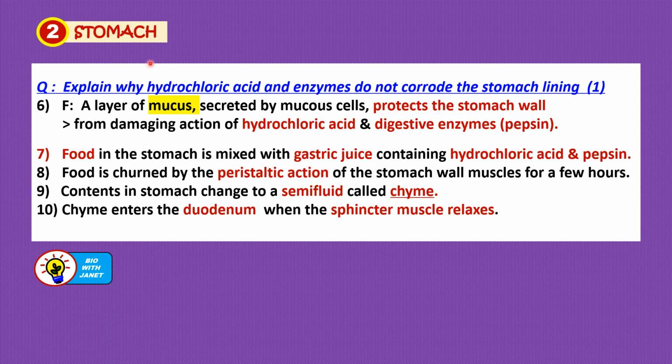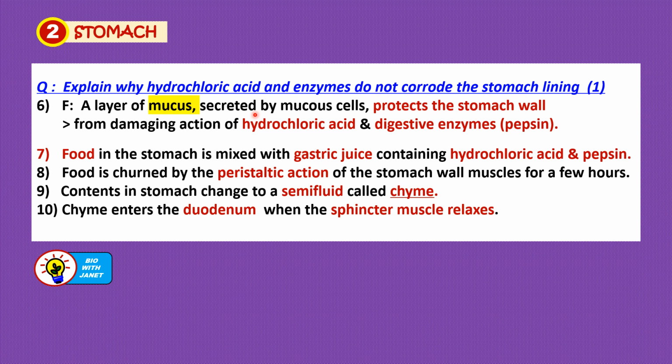So digestion in the stomach. Now question, explain why hydrochloric acid and enzymes do not corrode the stomach lining. So we know that hydrochloric acid, the pH of 1.5 to 2, is very corrosive. Why doesn't it corrode the stomach lining?